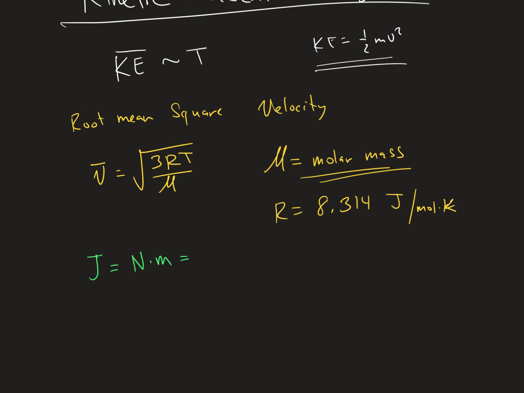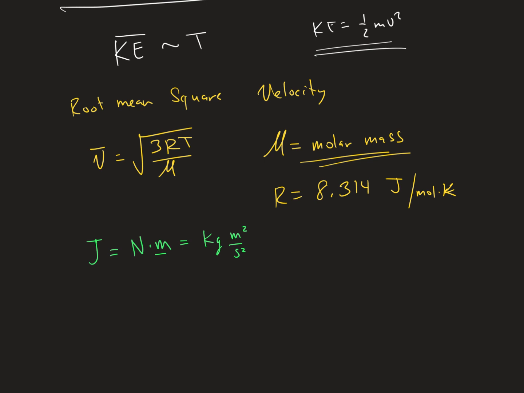So if you've ever taken physics, it's mass times acceleration. So mass, kilograms, times meters per second squared. So that's the unit for force. And then we multiply this by meters, so it's going to be kilogram meter squared per second squared. Guys, I'm just trying to derive something here. So don't get hung up on, oh, what is he even talking about? Because it looks a little bit scary, yeah?